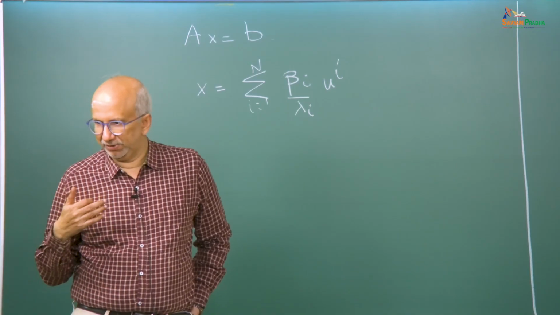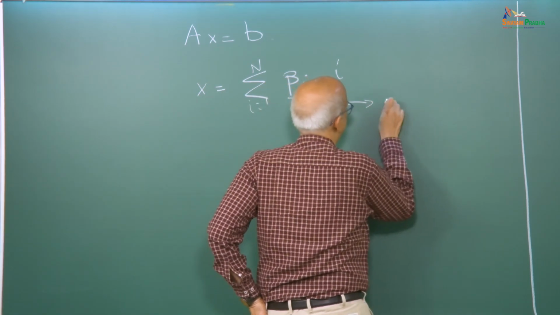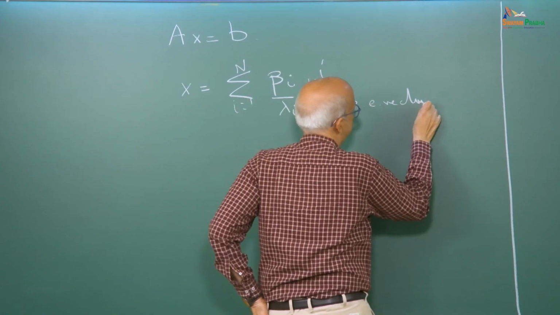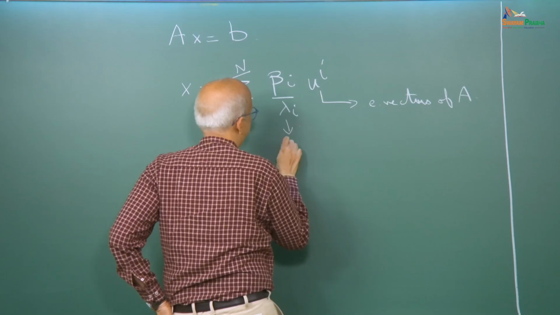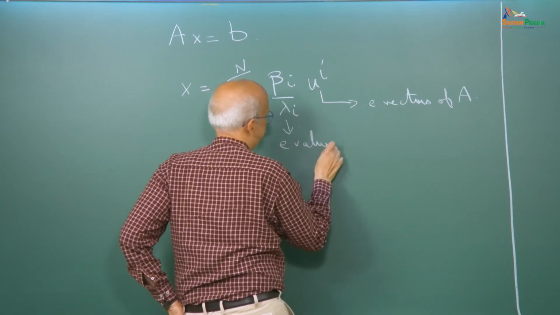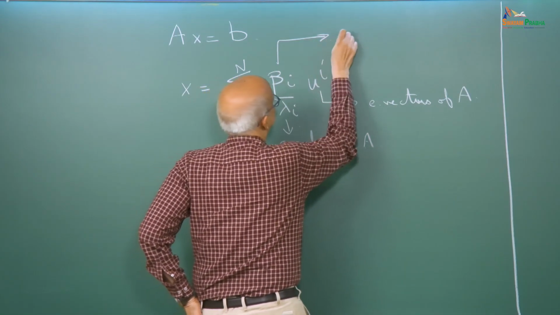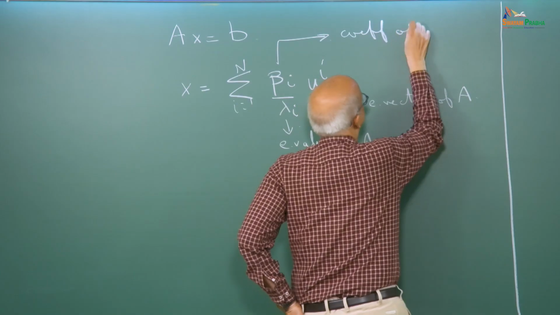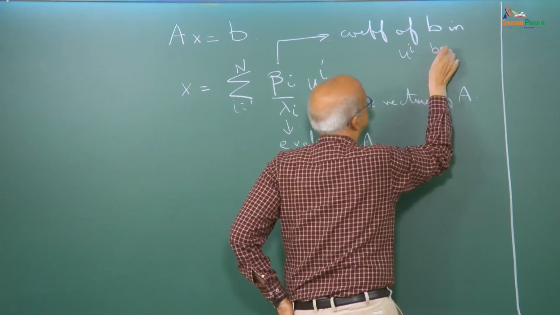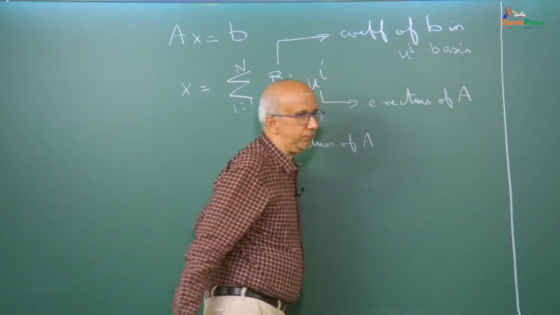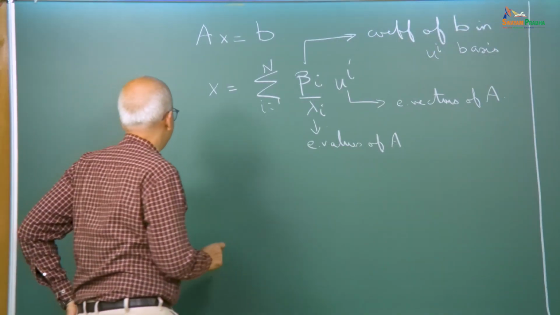We are expressing everything in terms of the eigenvectors. This u^(i) is the eigenvectors of A, this lambda_i is the eigenvalues of A, and this beta_i is the coefficients of b in the u_i basis. I am writing b as sigma beta_i u_i, okay.